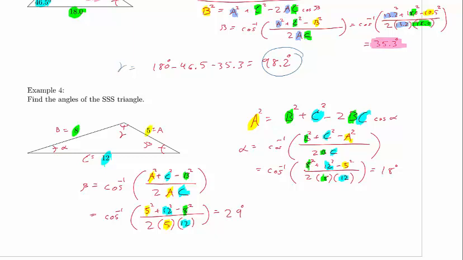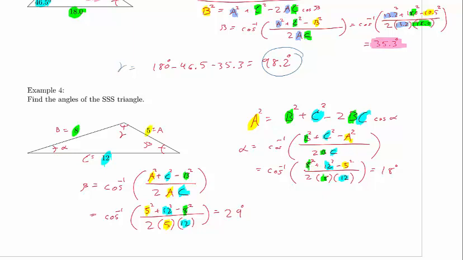Okay, and now for the last one, set it up the same way. Gamma is the inverse. Well, actually, I guess we don't need to set it up this way, because we could just use the fact that there's 180 degrees in a triangle.